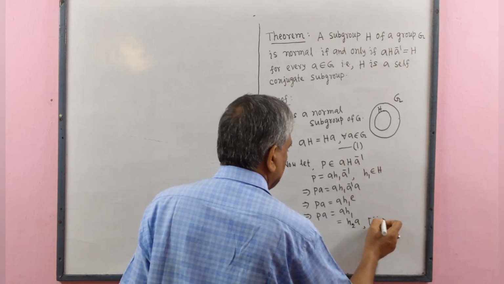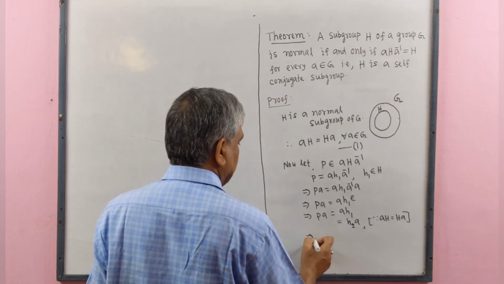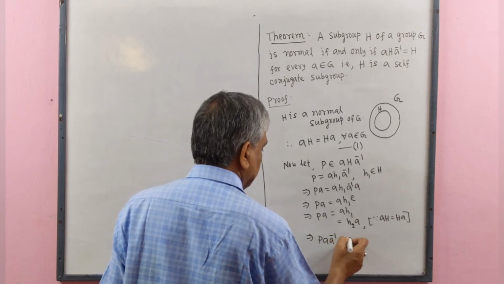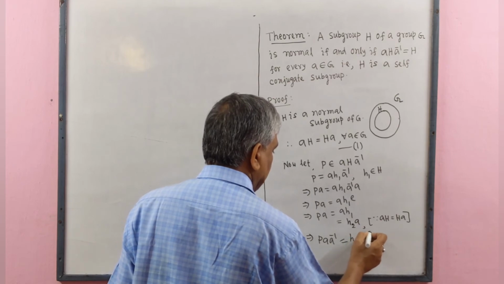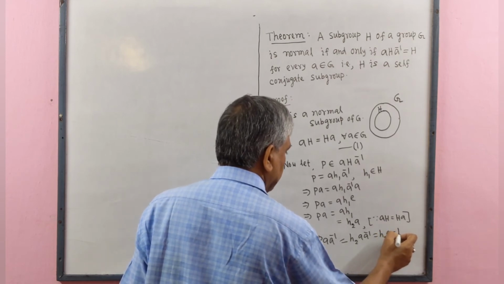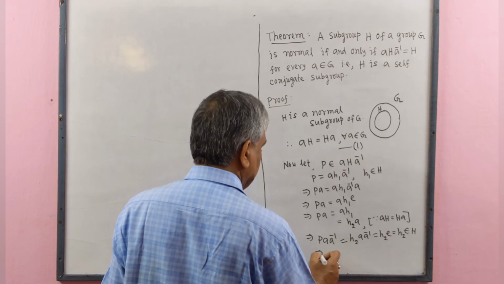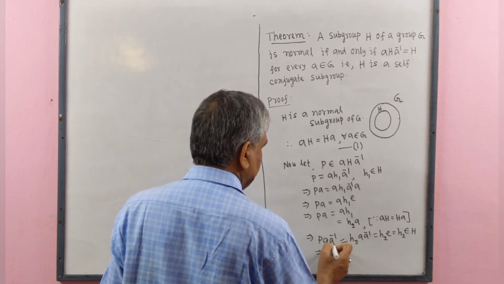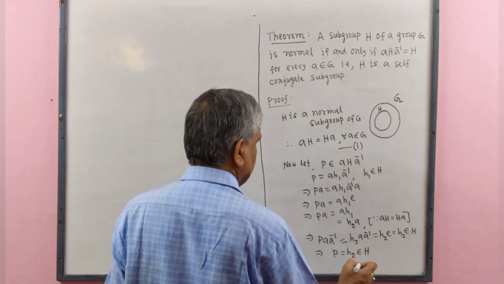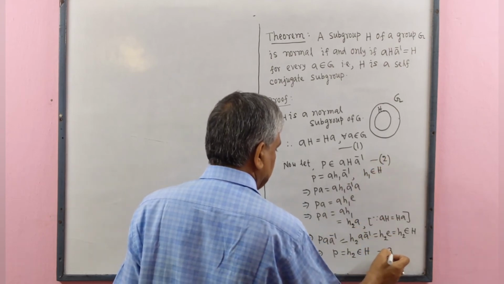Since aH equals Ha, implies that p a a⁻¹ equals h2 a a⁻¹. This equals h2 times the identity element, equals h2, which belongs to H. And on the left side, p times the identity element means p equals h2 belongs to H. Here this is number 2 and this is number 3.